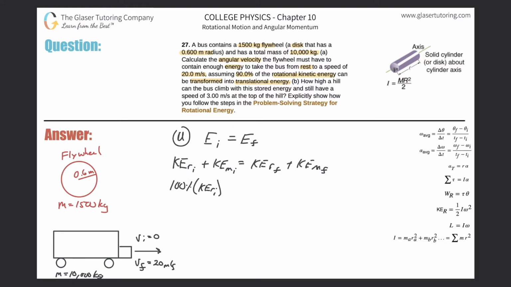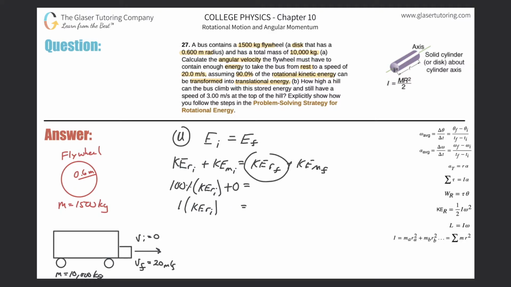So this is just the same value. The reason is that we would convert that to a decimal, which would be 1 multiplied by KE R sub i. Then this term, initially, it says it starts at rest. So therefore, this is 0. Okay, so that term just drops out. So I'm actually just going to leave out the 0 there.